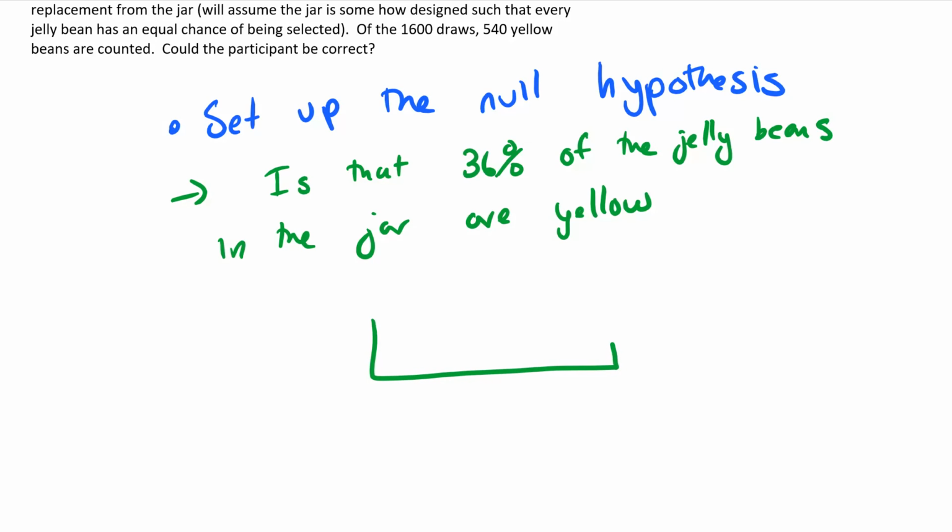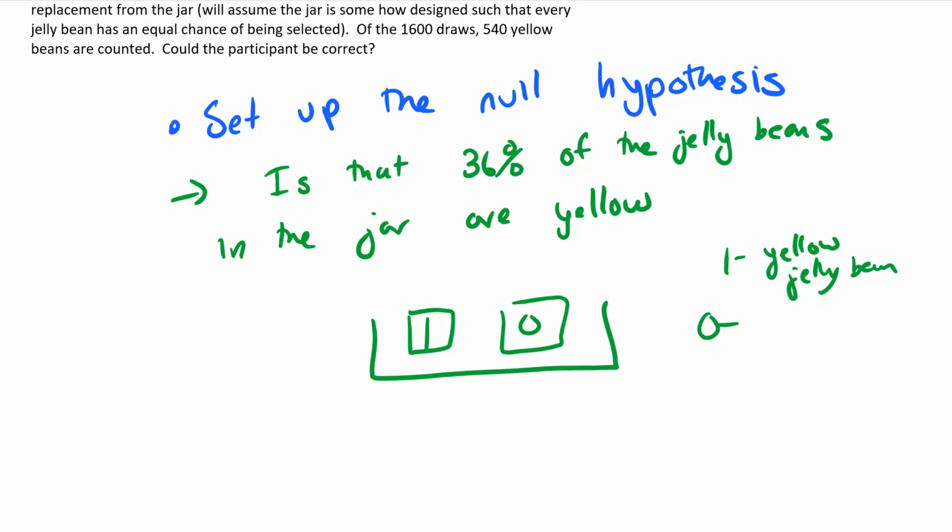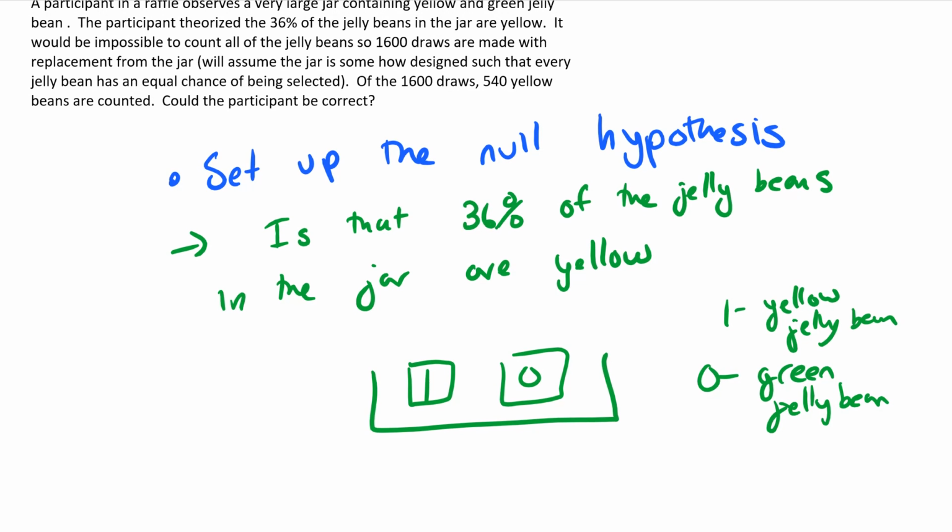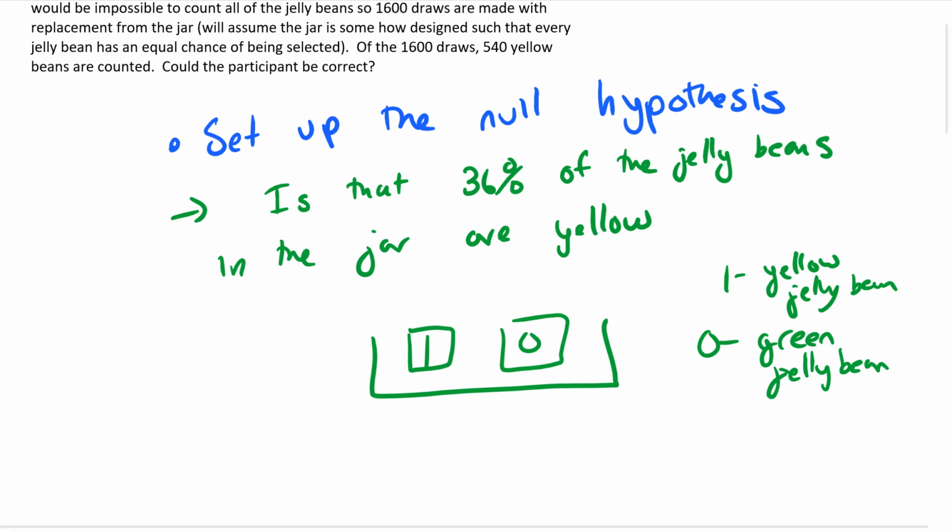We also want to set up a box model for our situation. So we'll have 1 represent a yellow jelly bean and 0 to represent a green jelly bean. We don't know how many are in the box or in the jar, but we do know the percentages.